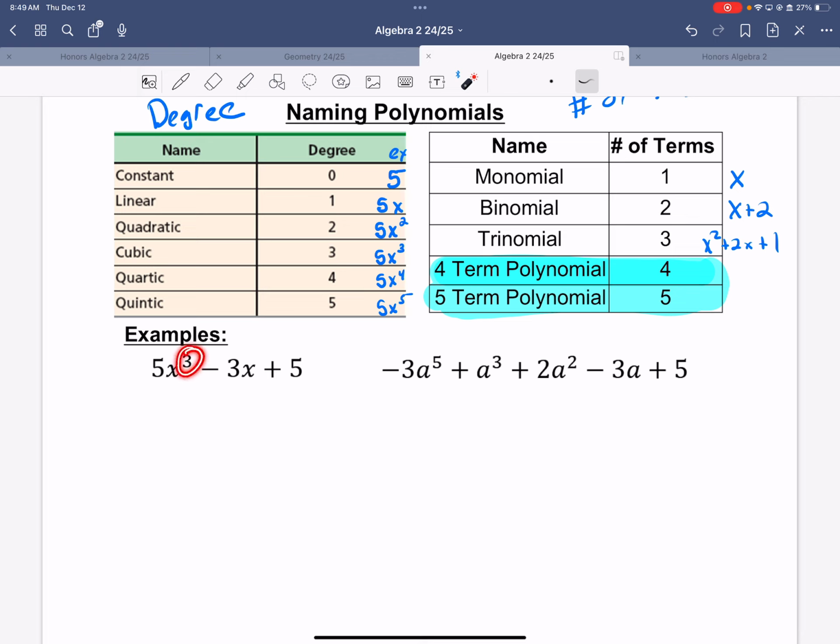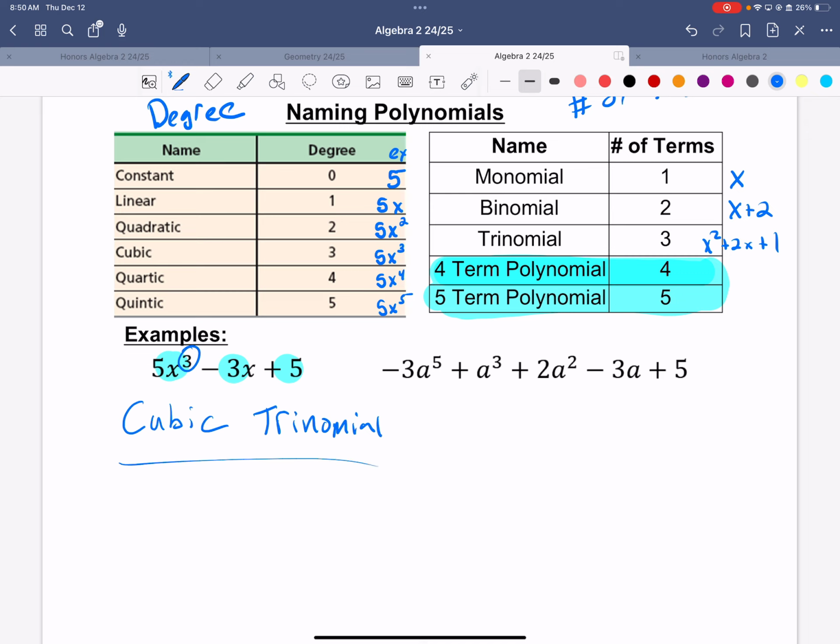It's a 3rd degree polynomial. So 3rd degree is a cubic. So we would say that this is a cubic because it's 3rd degree. It has 3 terms. 1, 2, 3. 3 terms is a trinomial. So we would call this a cubic trinomial.